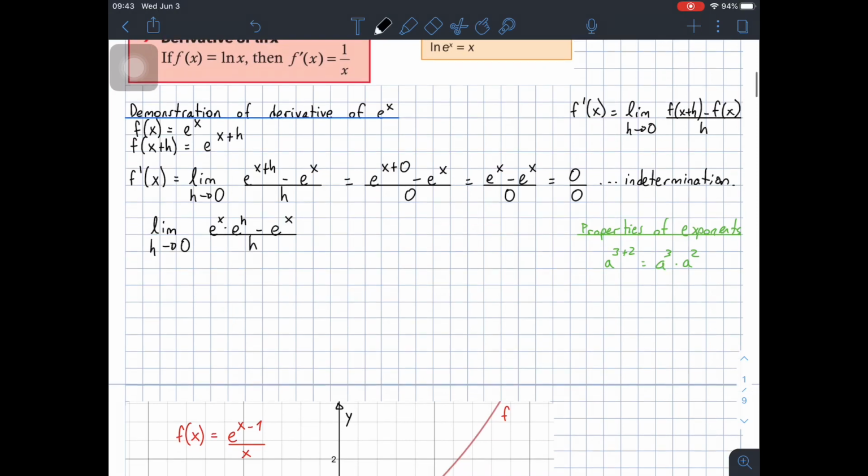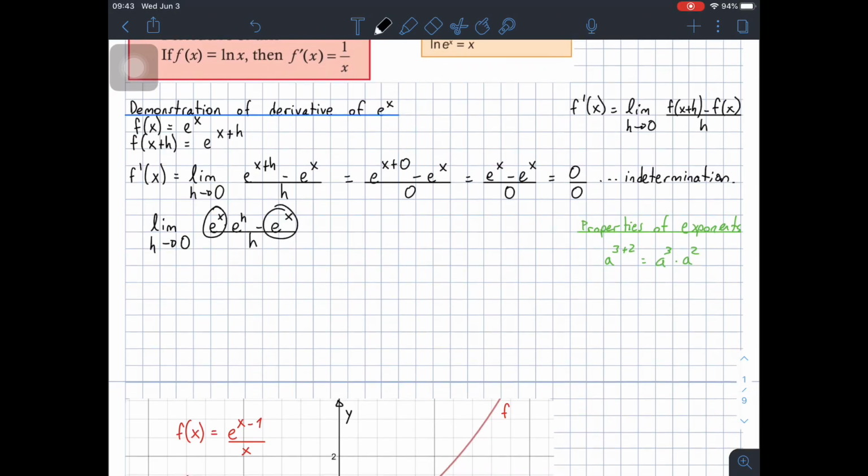So you see that by doing this, I have a common factor of e to the power of x. So this would be equal to the limit when h approaches 0 of e to the power of x times e to the power of h minus 1 over h.